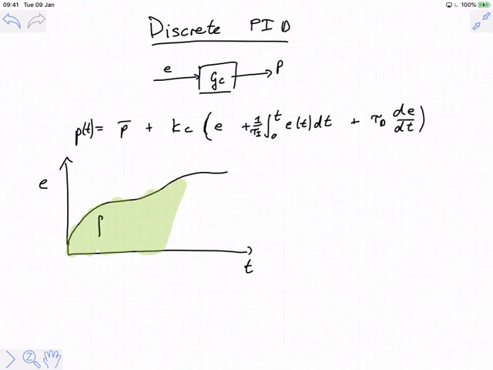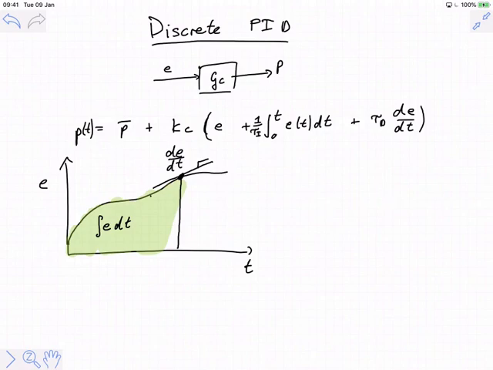So that would be the integral of E dt. And at any particular moment in time where we're calculating, the slope of that tangent line would be dE dt.